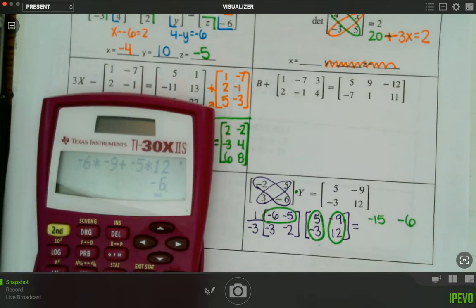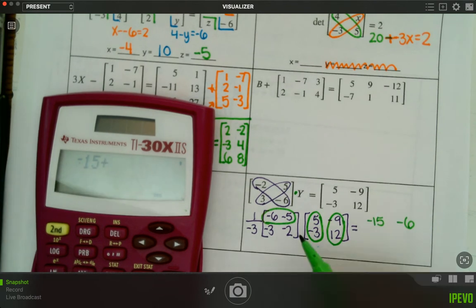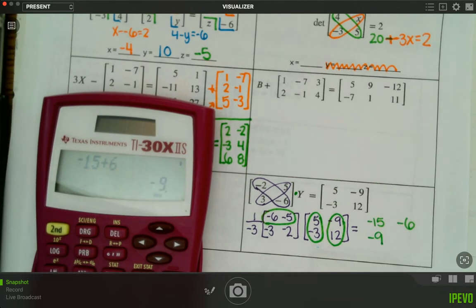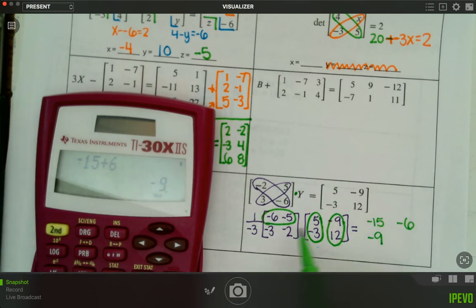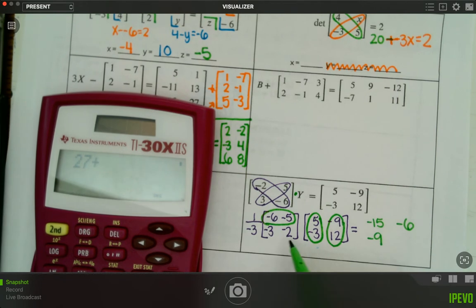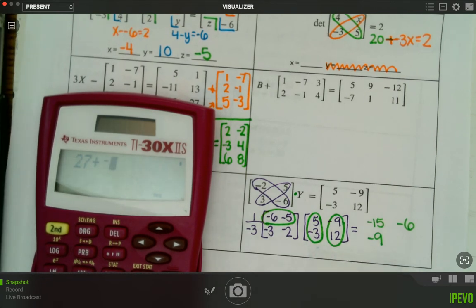And then here, negative 3 times 5 is negative 15, plus negative 2 times negative 3 is 6. Notice how I'm adding the two answers together, not subtracting them like you do with determinants. And then negative 3 times negative 9 is 27, plus negative 2 times 12 is negative 24.